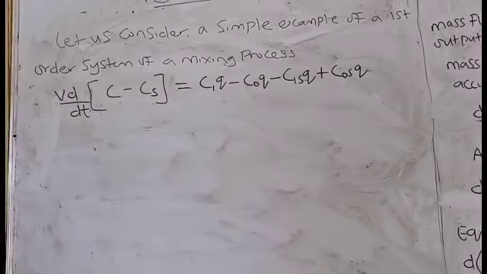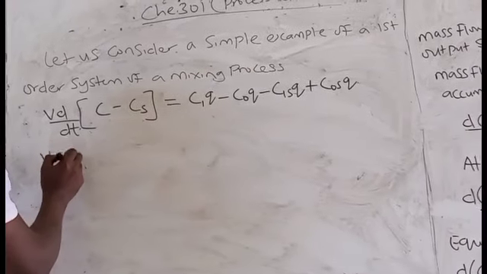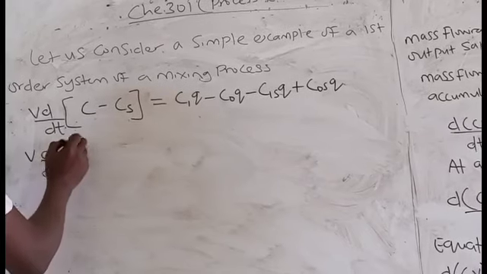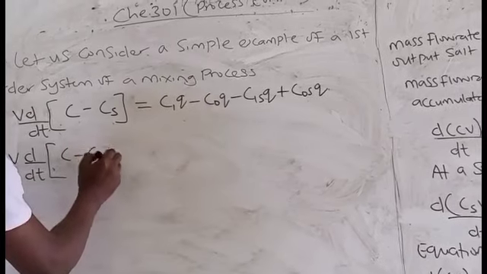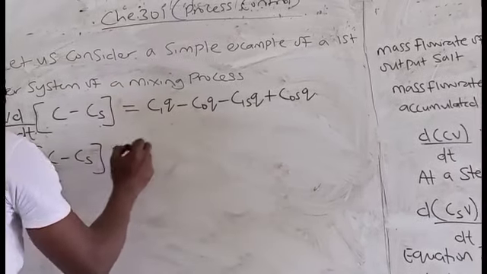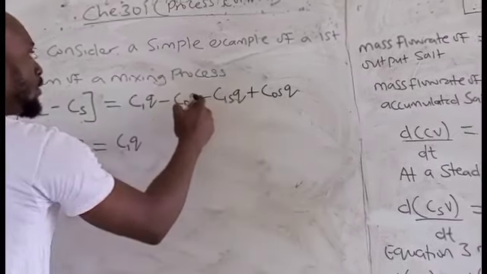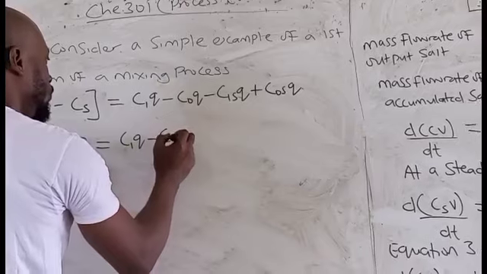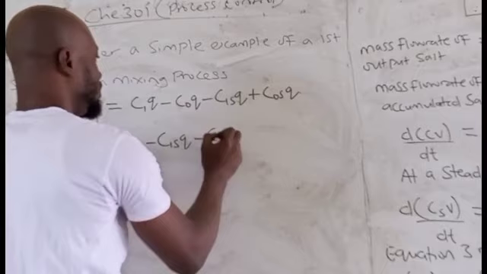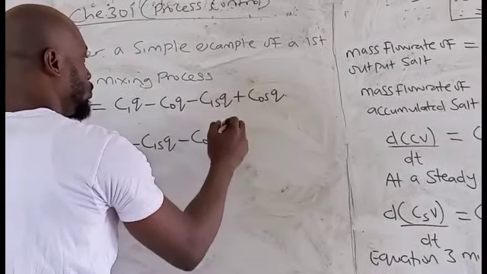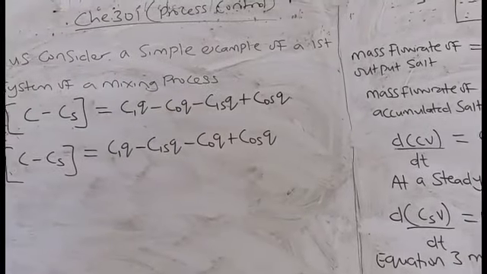So we add it up, we get it in this form. Let's say we have V d over dt, then you have c minus c_s, then you have equal to c1 Q minus c1x Q, then you have minus c0 Q, then you have plus c0x Q. This is what I'm going to get.